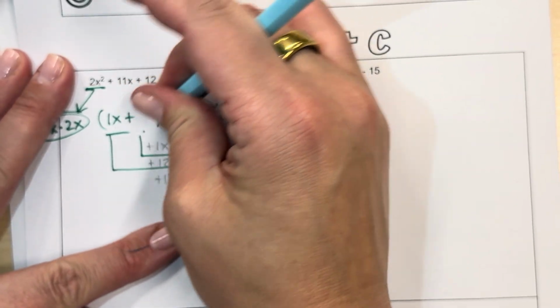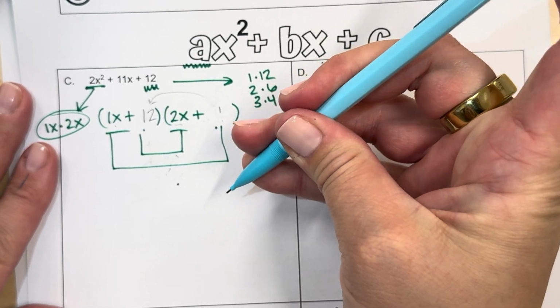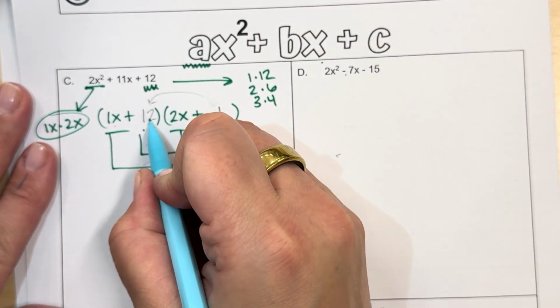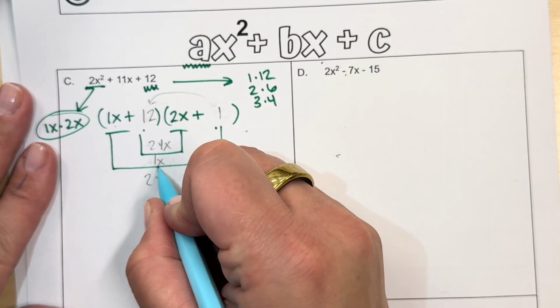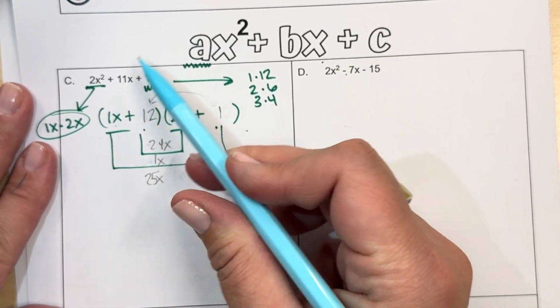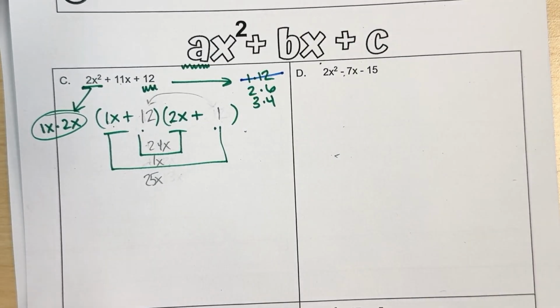I'm going to first try 12 and then 1 over here. But 12 times 2 makes 24, and 1 times 1 makes 1. Together, those make 25x. That is also not right. So I can confidently say this one doesn't work.